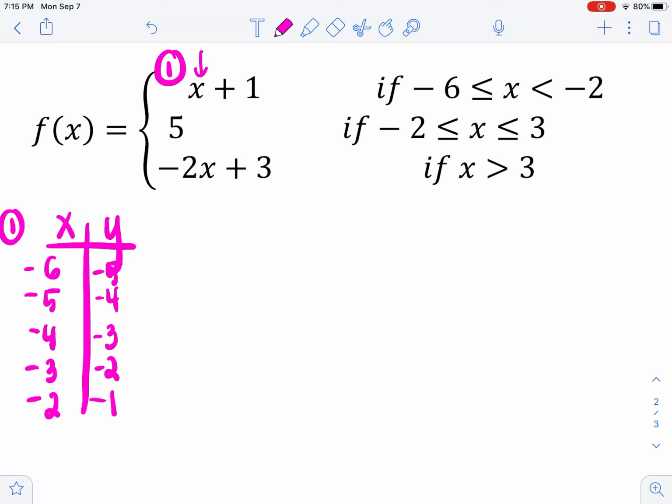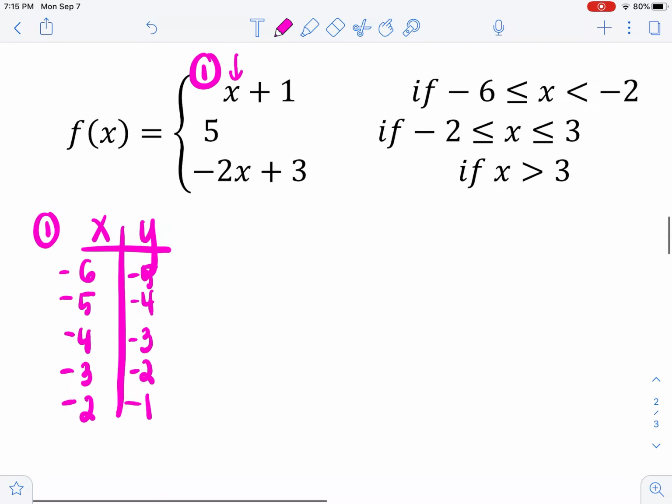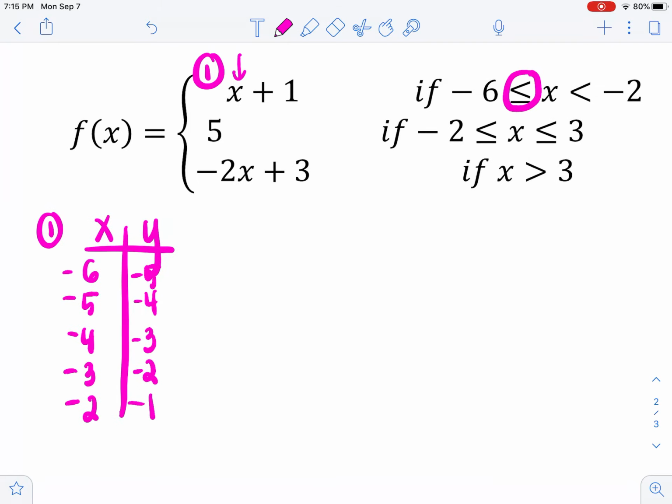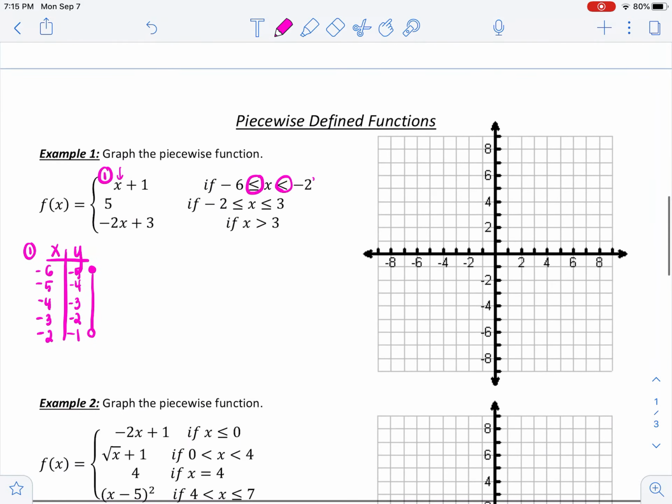Now I'm going to look to see how I'm graphing it. So negative 6, negative 5, look here, it's a closed point. Here, if you look at this one, negative 2, negative 1 is an open point. So I'm graphing from a closed point to an open point. It should never be a vertical line. Okay? All right.